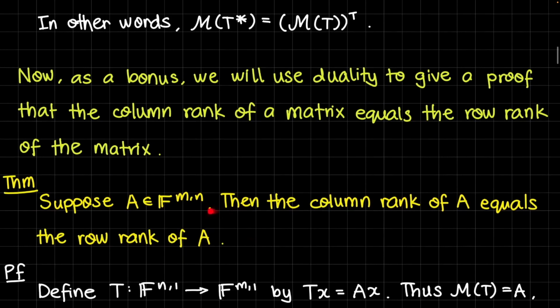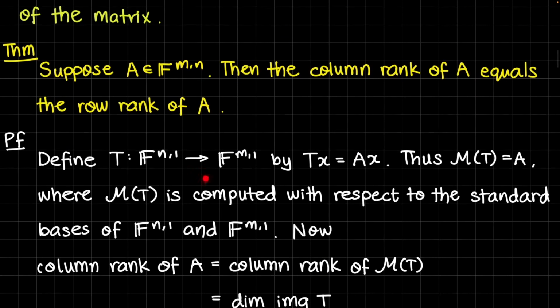So suppose A is an m by n matrix, then the column rank of A equals the row rank of A. First of all, define T, which is a linear map from F^n1 to F^m1, so from the space of column vectors with n entries to the space of column vectors of m entries, which is given by Tx equals Ax, where A is just some matrix.